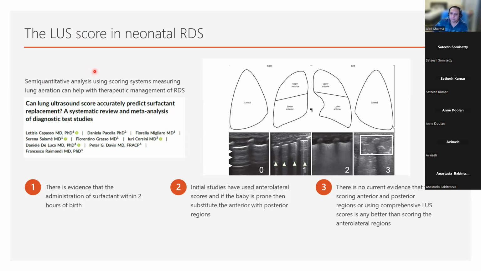Did this lady have steroids? Was there any POCUS? Was there any setup for chorioamnionitis? What is the work of breathing, what is the CO2 clearance, what are the chest X-rays like? Then of course, yes, lung ultrasound can help you quantitatively gather further information to see whether this baby would benefit from surfactant or not.